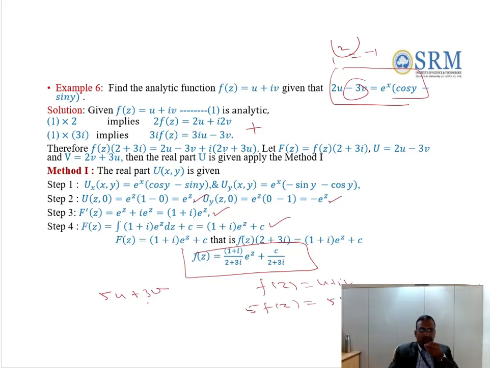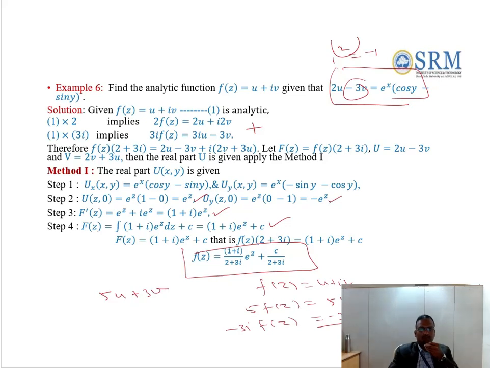And then I want 3v, therefore multiply this function by minus 3i f of z, that gives minus 3iu plus 3 into minus i square, but minus i square is 1, so therefore v.